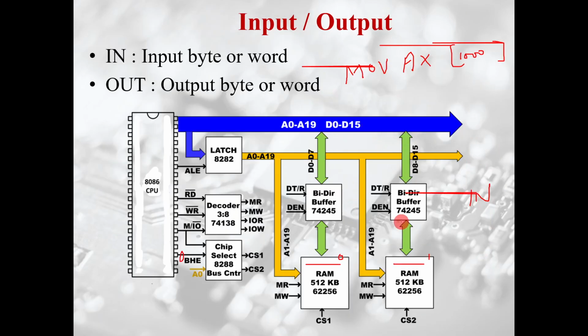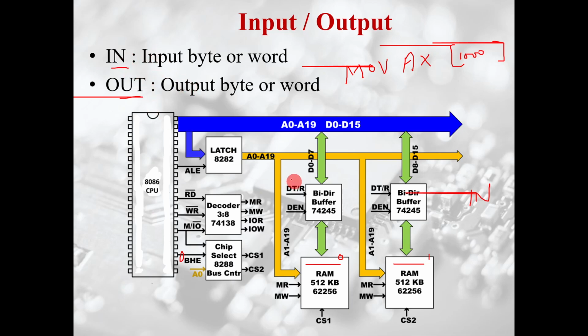Port could be anything, it could be a mouse, a keyboard, a printer, anything. So for input output devices I write in and out. In means it is going to get data from a port. Out means it is going to put data into the port.